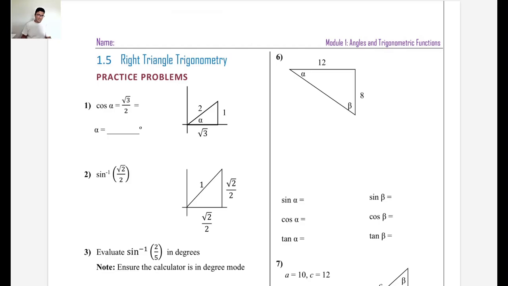But the other two acute angles could be like standard pair, like 30-degree and 60-degree, or 45 and 45, or it could be some other, random angle. Okay. So in each case, how to solve, how to evaluate different trigonometric functions, and how to evaluate the inverse values of some functions. We will look at that in this video.